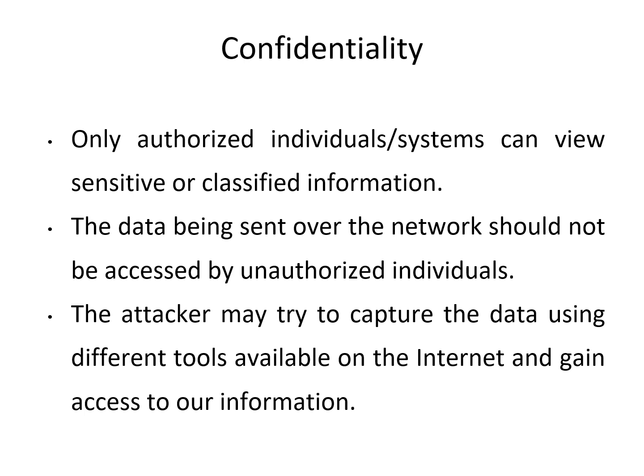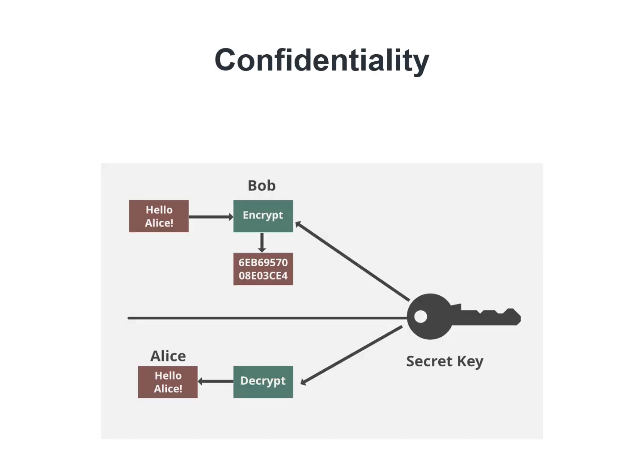That is called confidentiality, which means maintaining privacy and secrecy in our network system. This is a basic thing we have to ensure. In order to ensure confidentiality, we are going to apply encryption and decryption algorithms. "Hello Alice" is the original message.